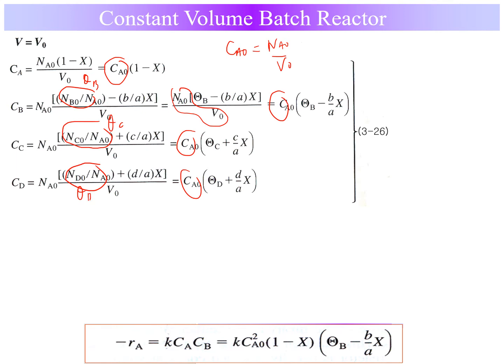Let's say there is a rate law equation, negative RA is equal to k CA times CB. So what is CA?